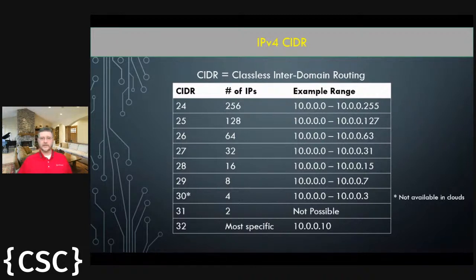So a /30 is not even possible, at least not in the clouds. And a /31 is not possible, because even if it's not a cloud, like your home router, you still have 2 base IP addresses that you cannot use. They are reserved.